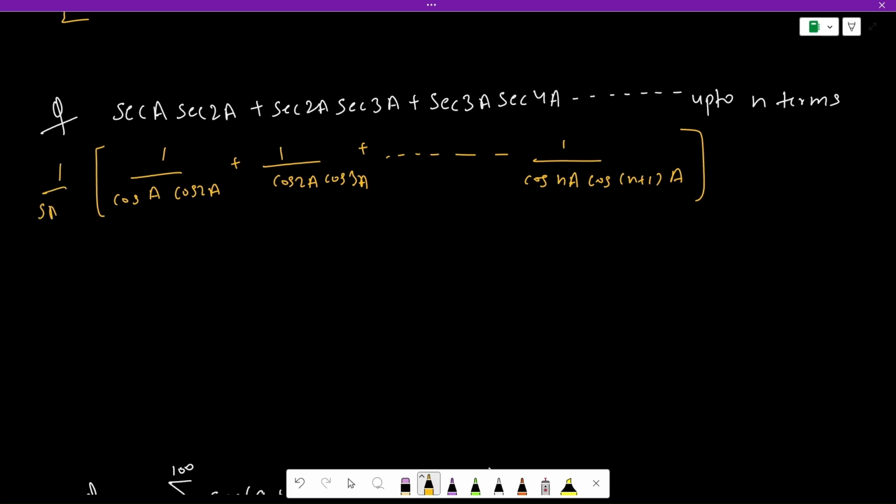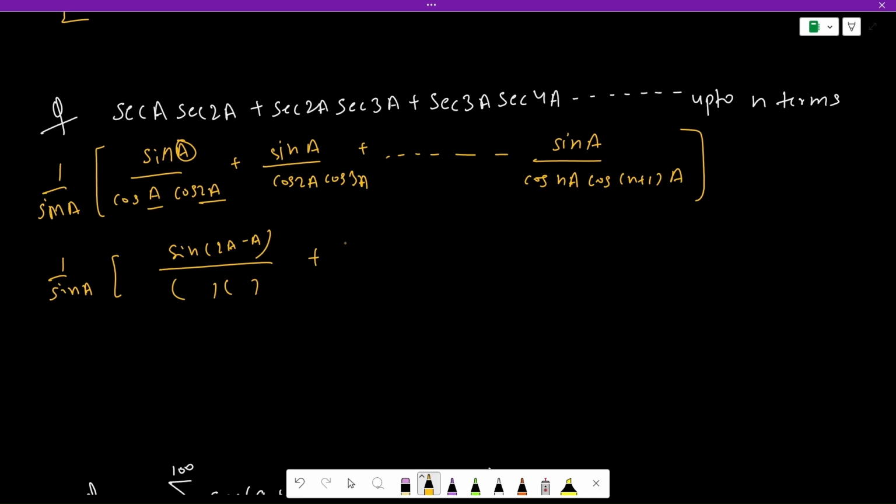So 1 by sine a, and this will become sine a into sine a, and this also. Now we can write this a as the difference of these angles. So this is 1 by sine a into [sine (2a minus a) by cos terms plus sine (3a minus 2a) and those terms], and so on.